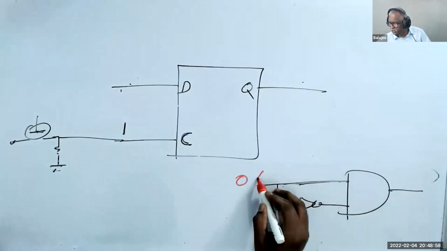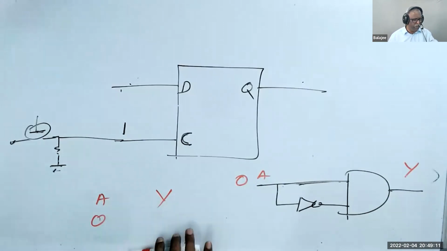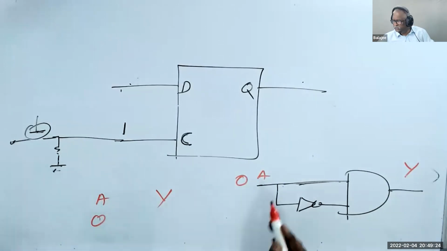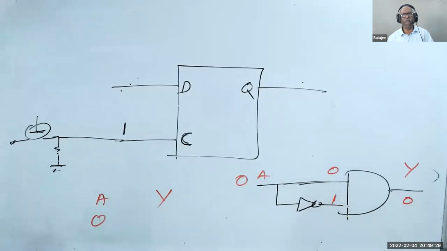This is A, this is Y. When A is 0, what is Y? Quite simple. A is 0 means this is 0, this is 1. So output is 0. Am I right? That's as simple as that.